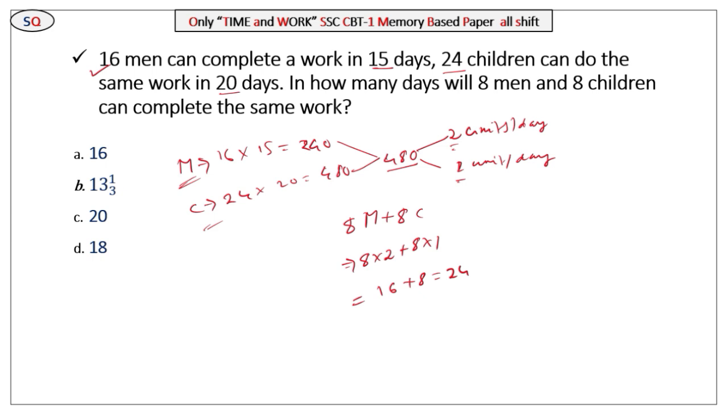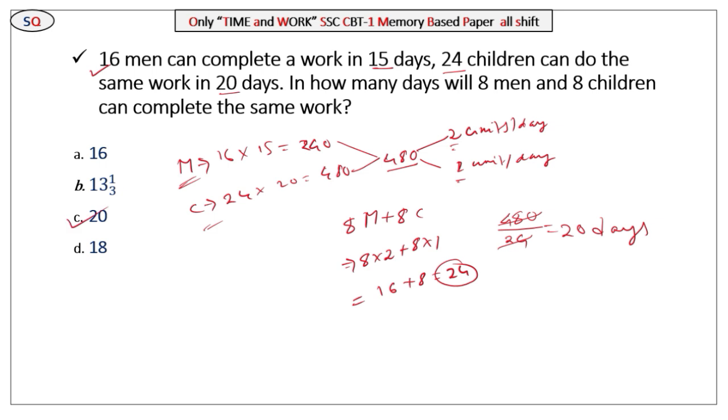Now we have to divide 480 by 24. This 24 is the total per day work of men and children. Now 480 divided by 24 gives us how many days? Gives us 20 days. So the correct answer is C.